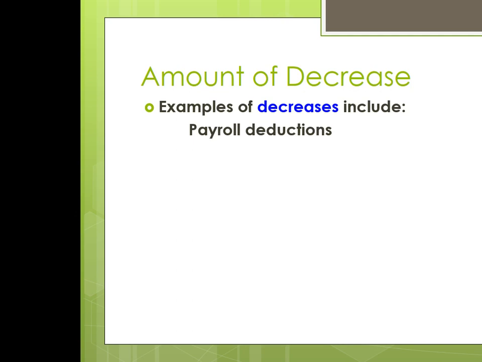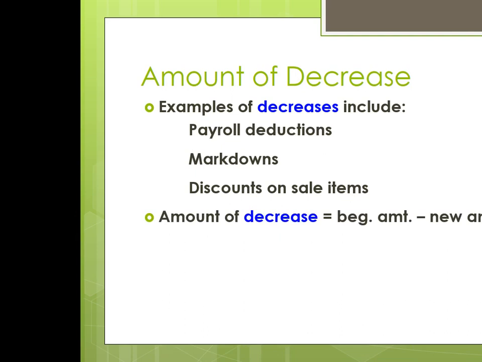So those take your paycheck down from what it should have been. Markdowns on items, so if something's on clearance or sale, same thing, discounts. And in order to find the amount of decrease, you're still going to subtract the two, but you're just going to do it in a different order. So now it's how much it was originally minus how much it is now to figure out how much it went down.